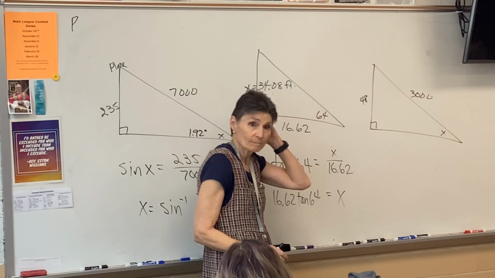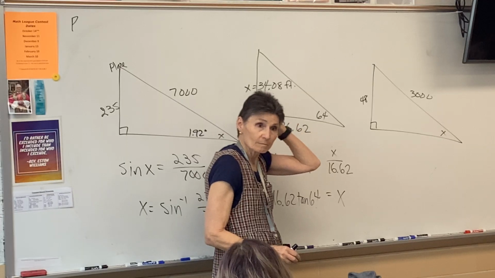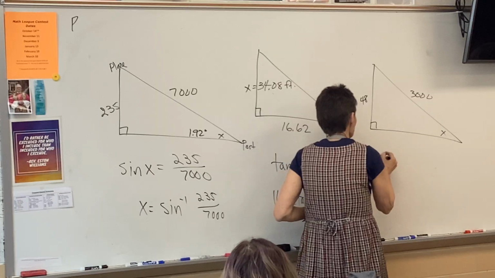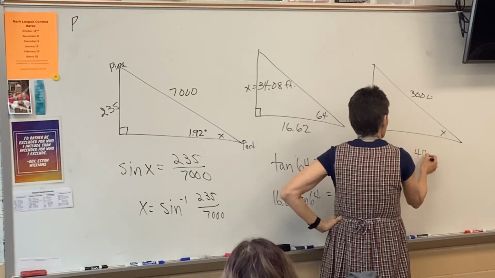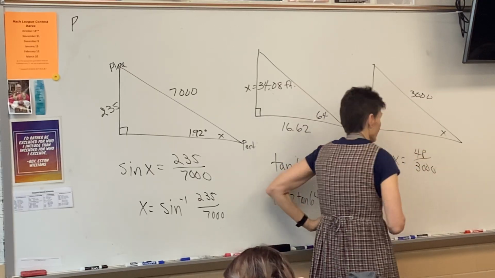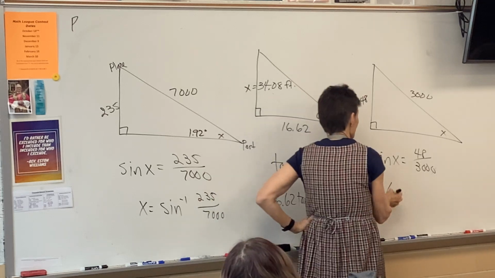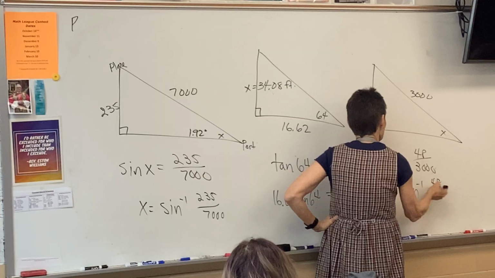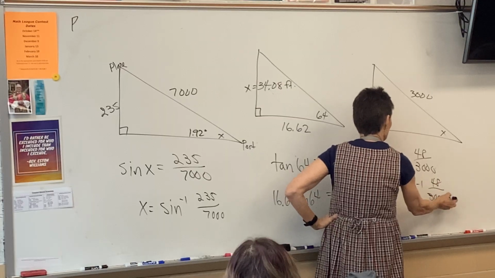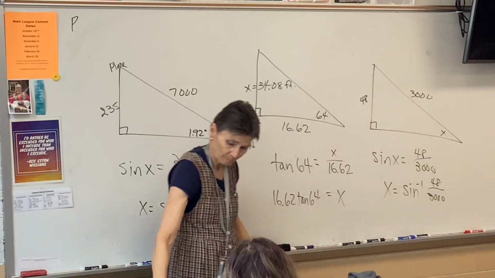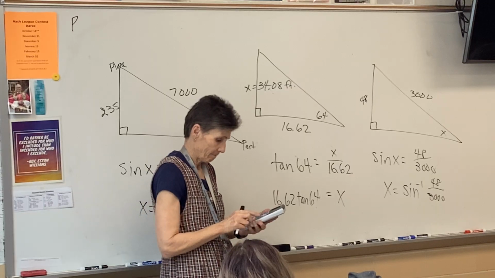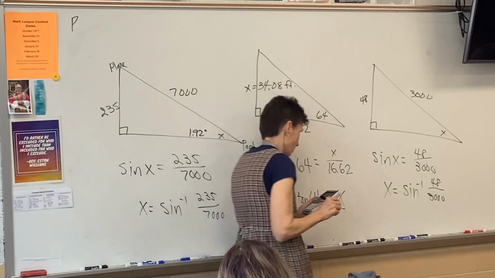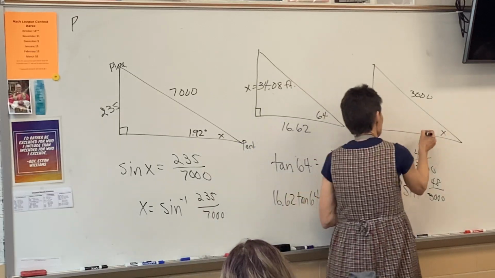Sine. So sine x equals 48 over 3,000. What am I going to type in? Inverse. So second sine, 48 over 3,000. Wow, this is a little one, 0.92 degrees.